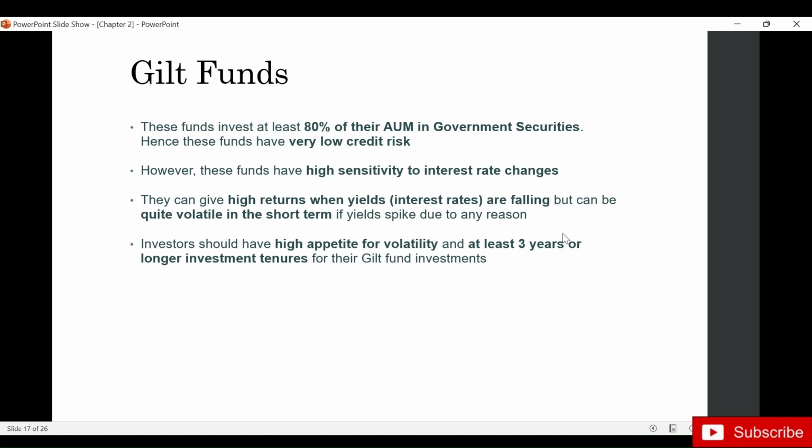They can give higher returns when interest rates are falling, but if interest rates rise, they can be quite volatile. So investors who have a high appetite for volatility and at least a 3-year investment tenure can consider investing in gilt funds.